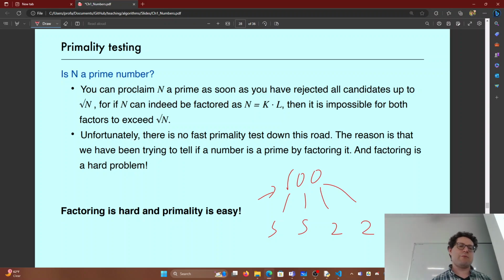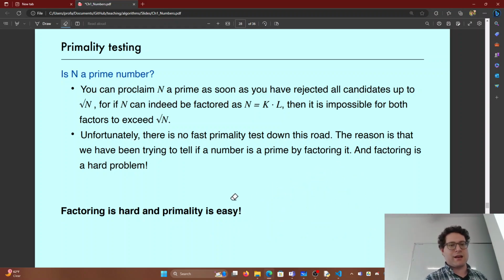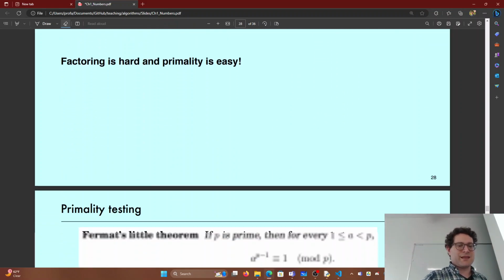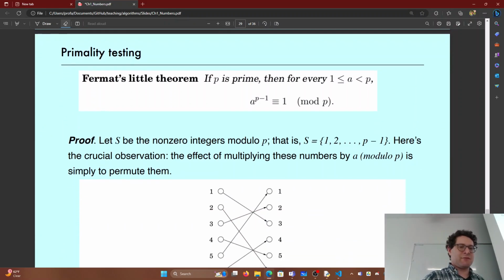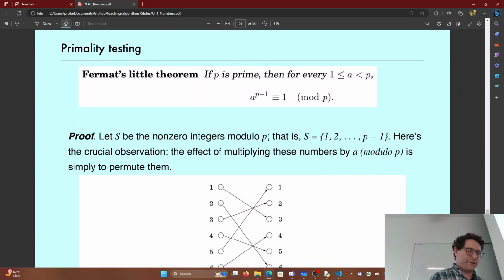There are other ways, like the sieve of Eratosthenes, to figure out your primes. But unfortunately, doing it that way is factoring, and factoring is hard. Instead, we're going to use a couple of cheats to get there. We're going to be using a randomized algorithm, and we're going to be exploiting something called Fermat's little theorem.